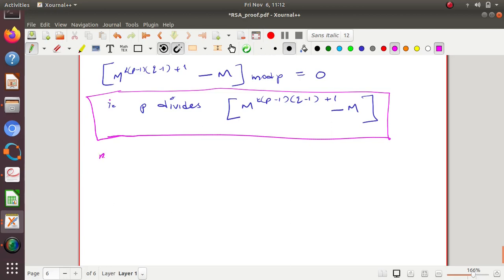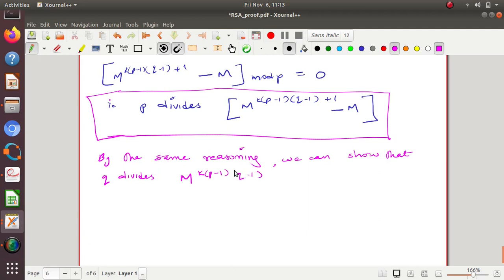By the same reasoning, we can show that q also divides m to the power k(p minus 1)(q minus 1) plus 1 minus m.